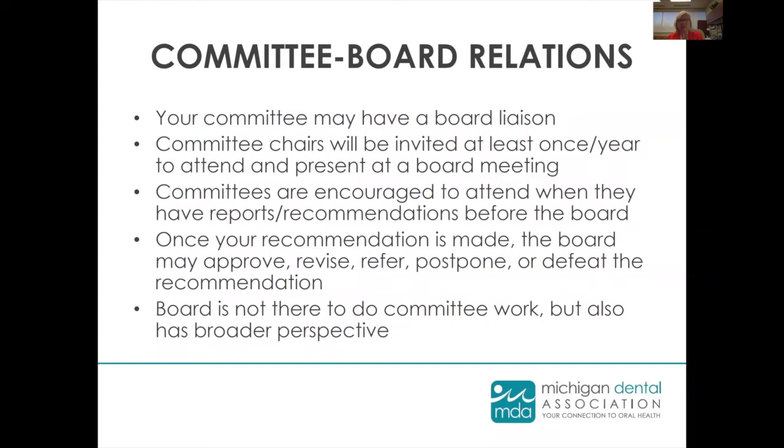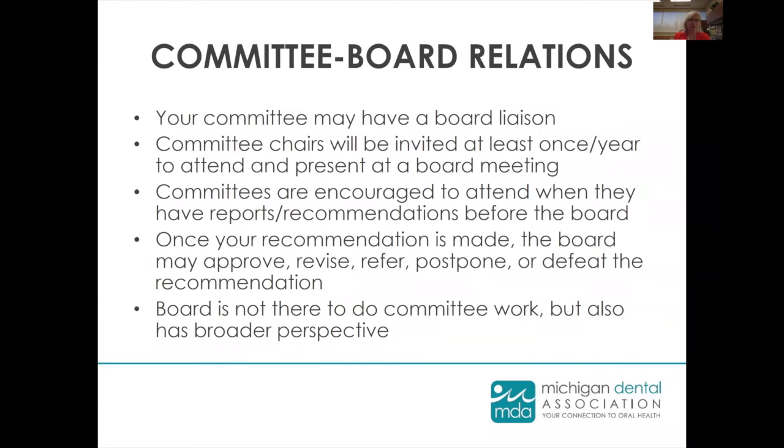Your committee chairs will be invited at least once a year to attend and present at a board meeting, and there are a couple purposes for that. Obviously, the board members can read your minutes and they know what you're up to. On the other hand, that doesn't encourage dialogue between the committee and the board. It doesn't allow for relationship building between the committees and the board. And it also doesn't really help with leadership development.